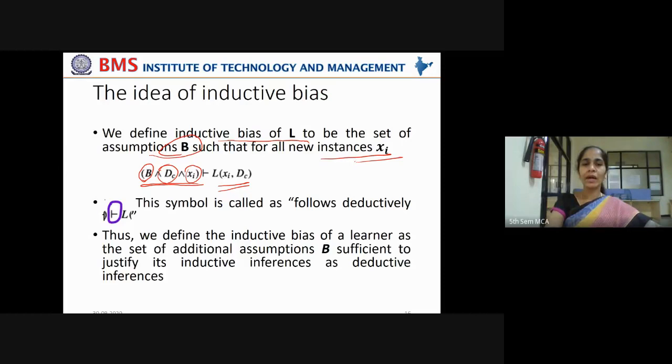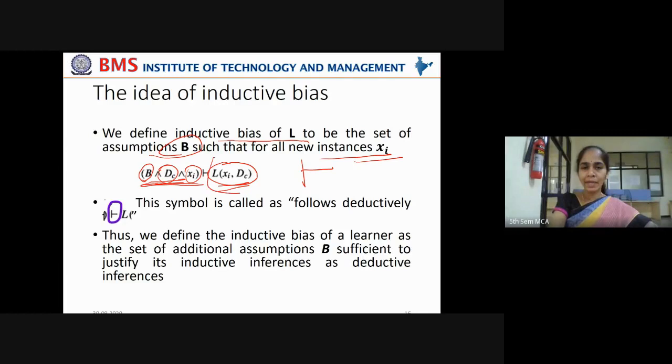This symbol is called follows deductively from. The right hand side follows deductively from this. The left hand side means you're trying to predict something.